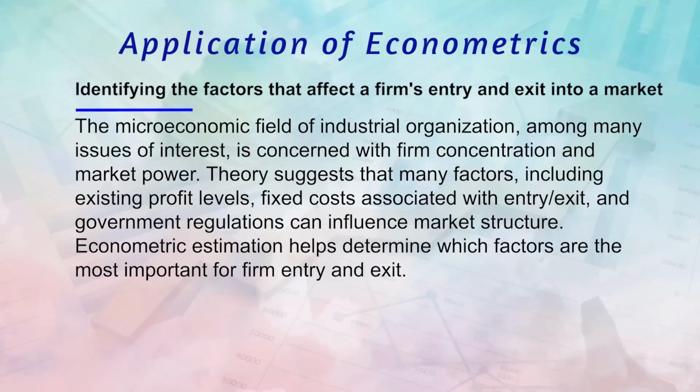For example, many factors like existing profit levels, fixed cost, and government regulation all influence the market power. Whenever we are talking about any market structure, it is defined by the number of producers. It is also defined by the number of consumers, demand, and the existing level of organizational setup. Based on this, we can run a regression model and find out what significant variables come up in the study and can influence the entry and exit pattern.